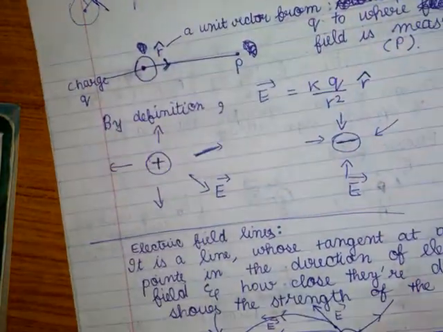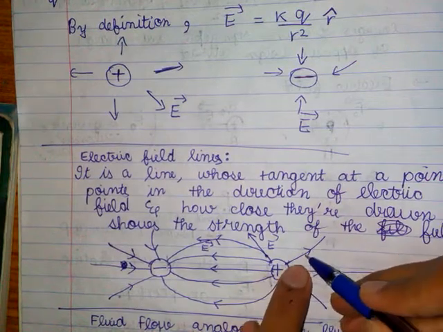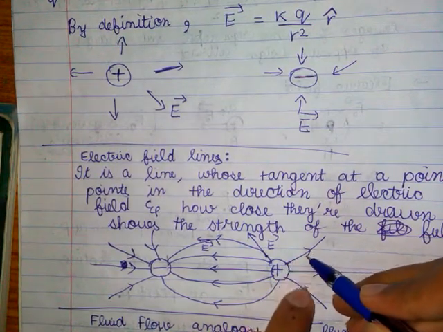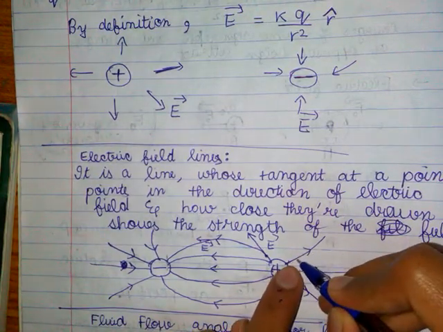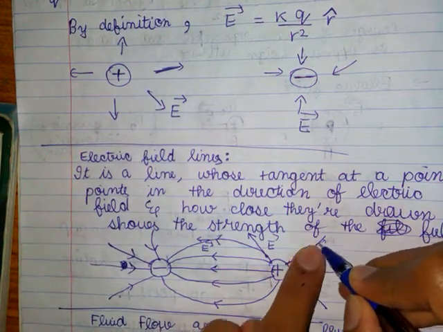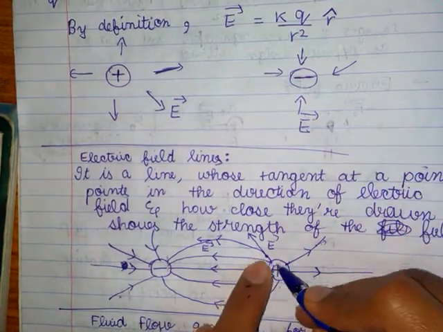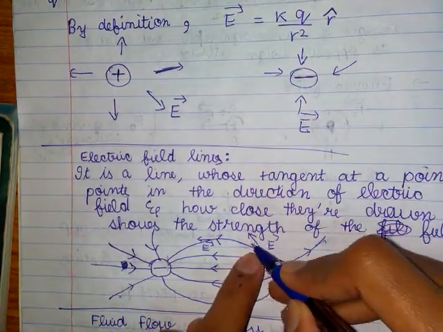That is a tangent. Okay, so over here, the direction of the electric field from a positive charge, we take any one point and draw a tangent to it, and the direction of the tangent will represent the direction of the electric field vector. Like this, for example, this is the direction of the electric field.